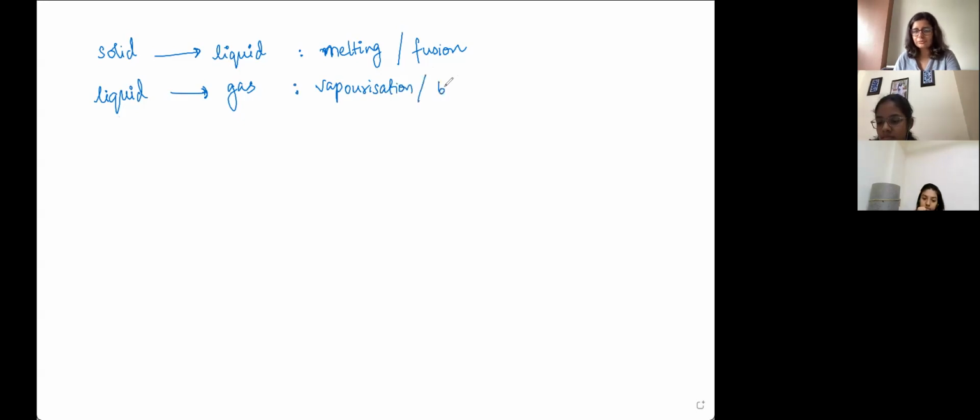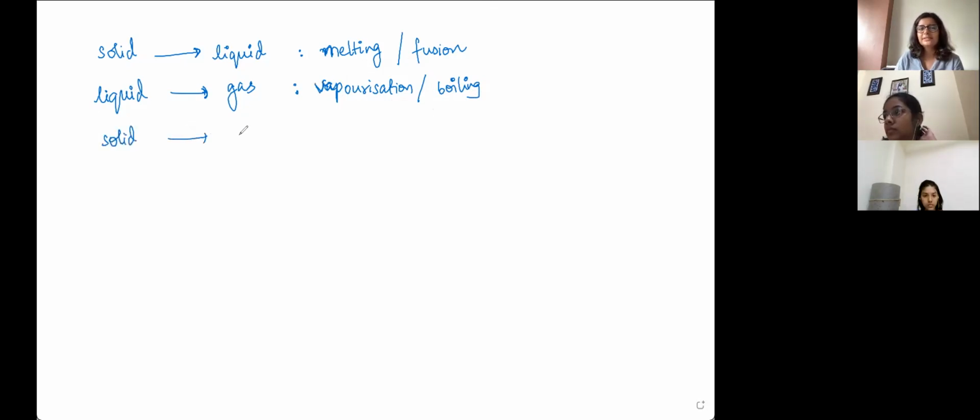Vaporization or also boiling. So make it a habit that whenever you come across liquid turning into gas, go for vaporization or boiling. Your first instinct should not be evaporation, because that's the most common that you see in everyday life, but that's a special case of this process. When we talk about energy changes, evaporation is not something we consider normally. It's not the default. It's a special case.